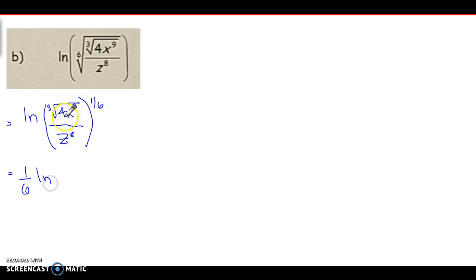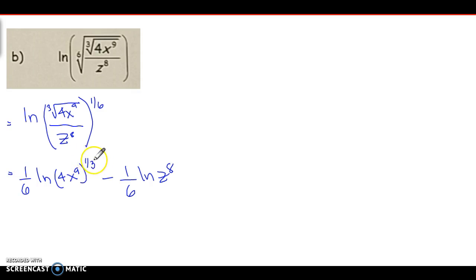Okay, ln of the cube root becomes 4x to the ninth to the 1/3. All right, that's the numerator. Minus, because this is the denominator, you still have 1/6 also, because that 1/6 gets distributed, ln z to the 8. Okay, now this, you need to distribute.